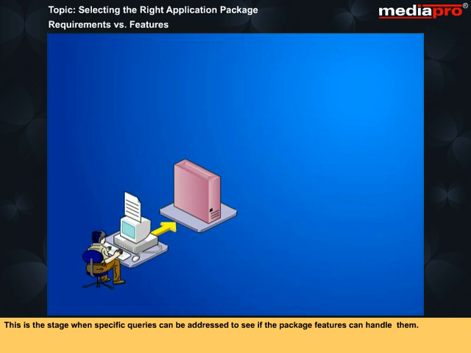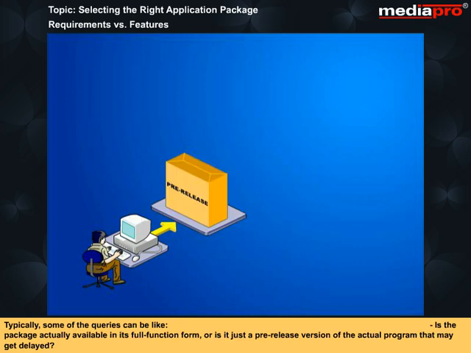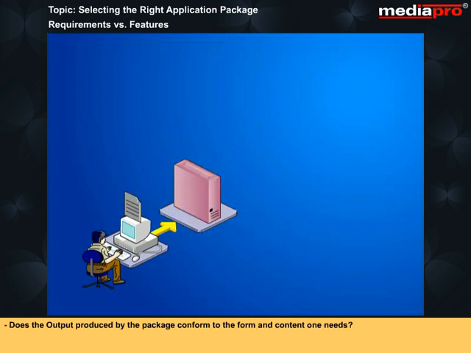This is the stage when specific queries can be addressed to see if the package features can handle them. Typically, some of the queries can be like, is the package actually available in its full function form, or is it just a pre-release version of the actual program that may get delayed? Does the output produced by the package conform to the form and content one needs?